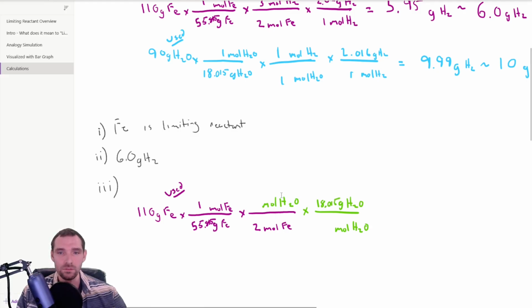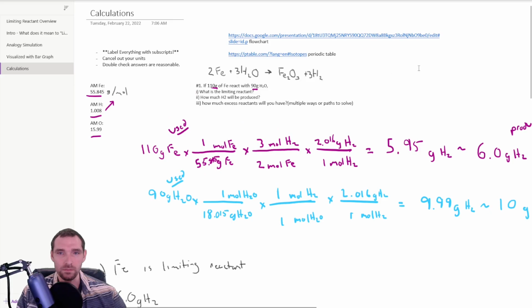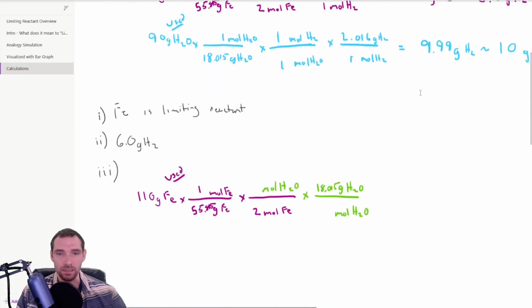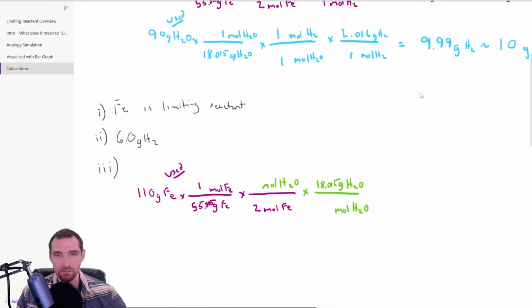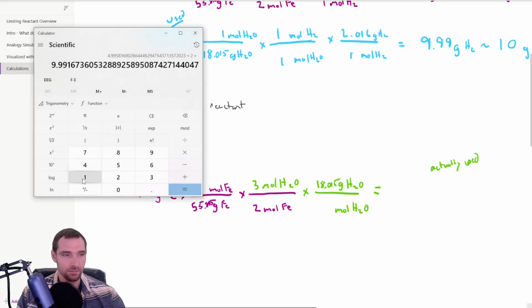And when we have 2 of these, how much water are we reacting with? Reacting with 3 water. So we can go through this calculation and we should be able to say what was actually used of that water.